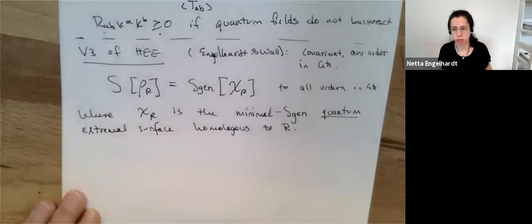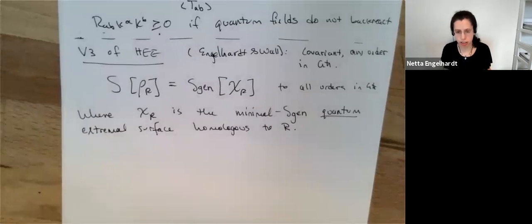And quantum extremal surface means that it extremizes the generalized entropy instead of the area.